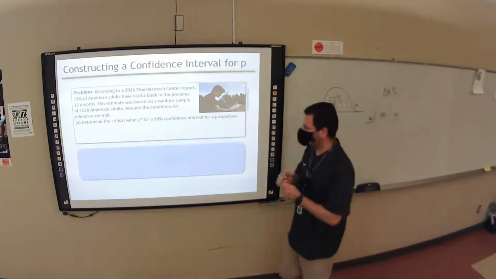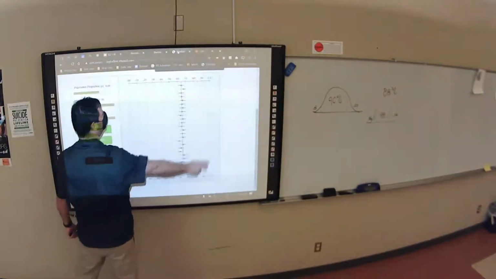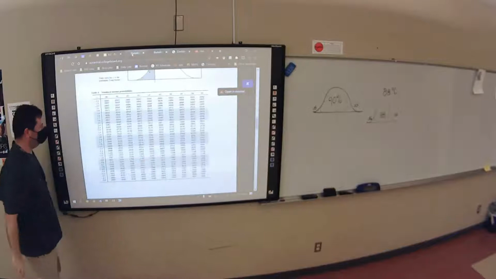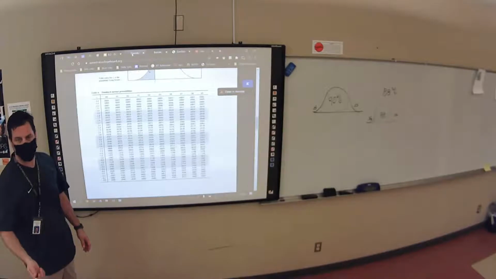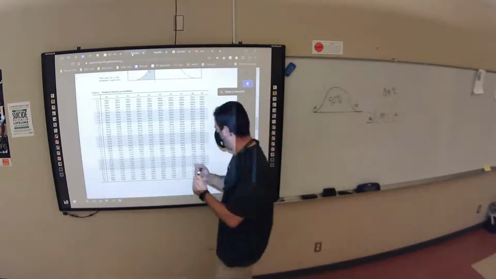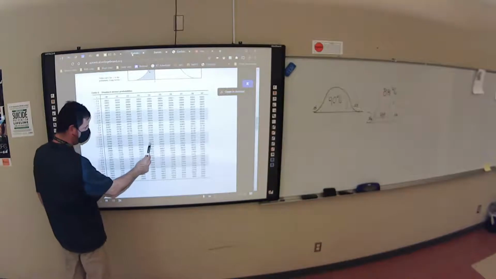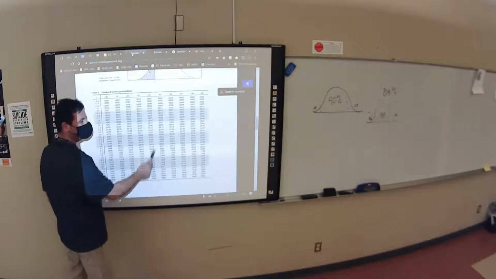So I've got to go to my trusty old calculator or to the table, and look up 0.05. 0.0495, so it's right there somewhere. Negative 1.64.